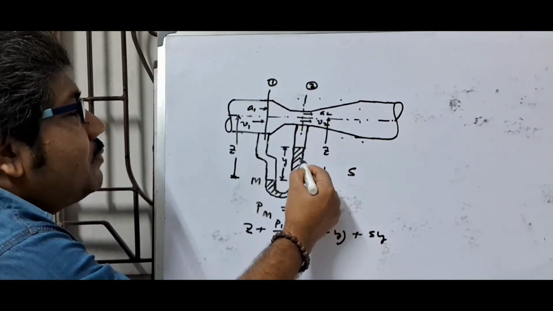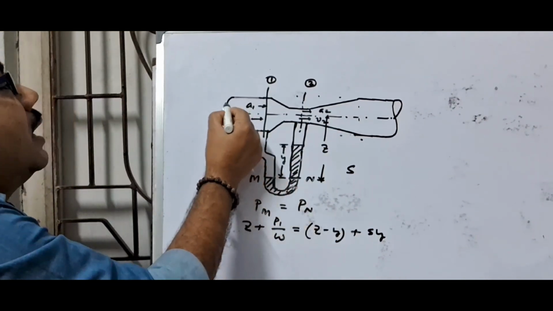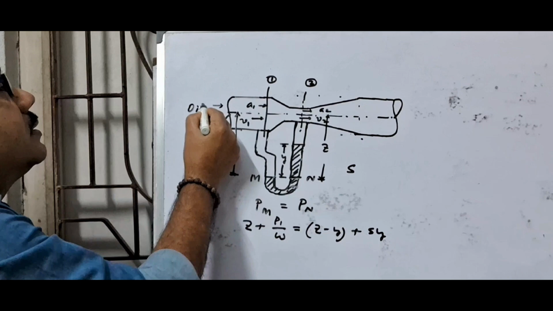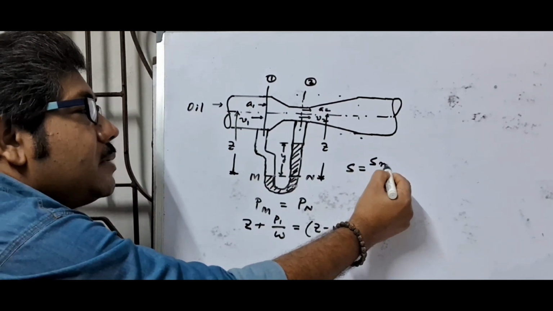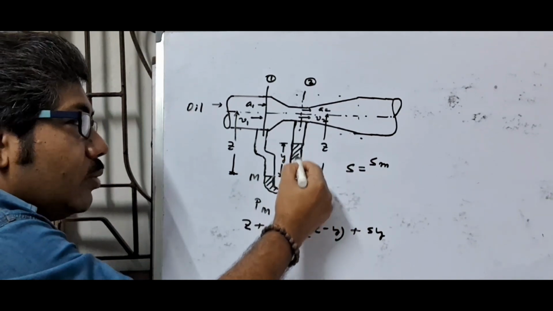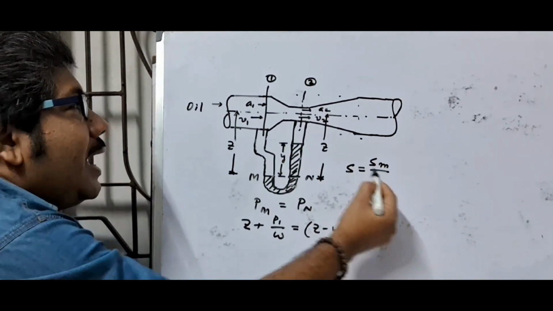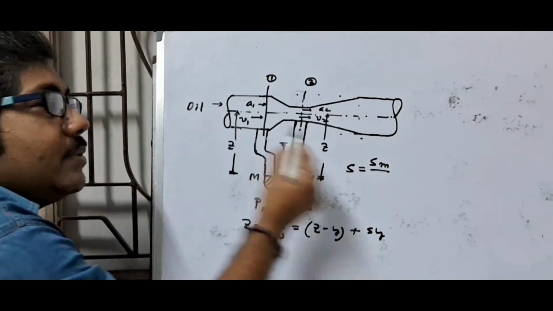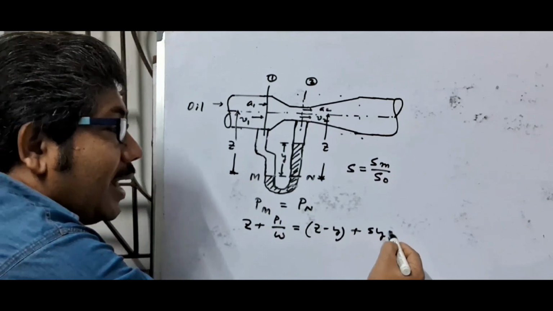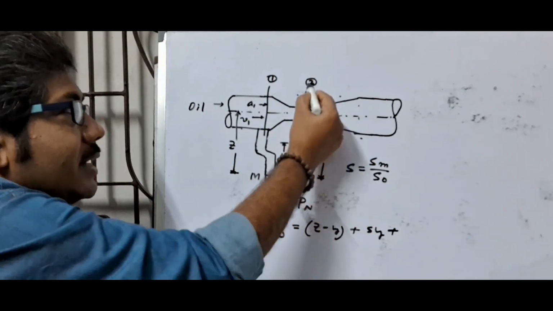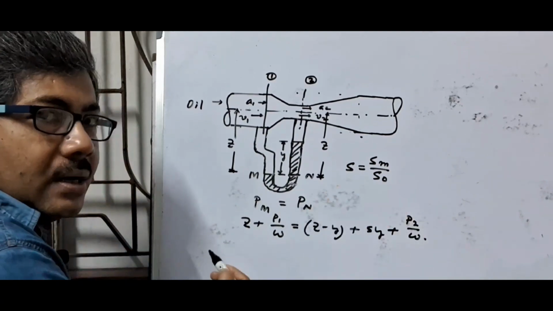That means if this is mercury in the manometer and here this is oil, so here S is equal to the specific gravity of mercury divided by the specific gravity of oil, this is SO. Plus pressure head at 2 section, this is P2 by omega.